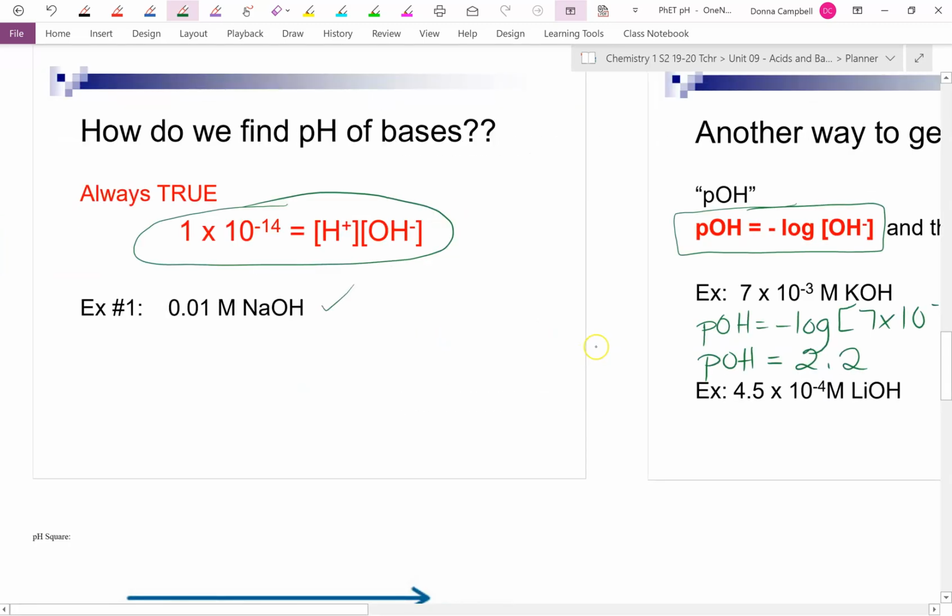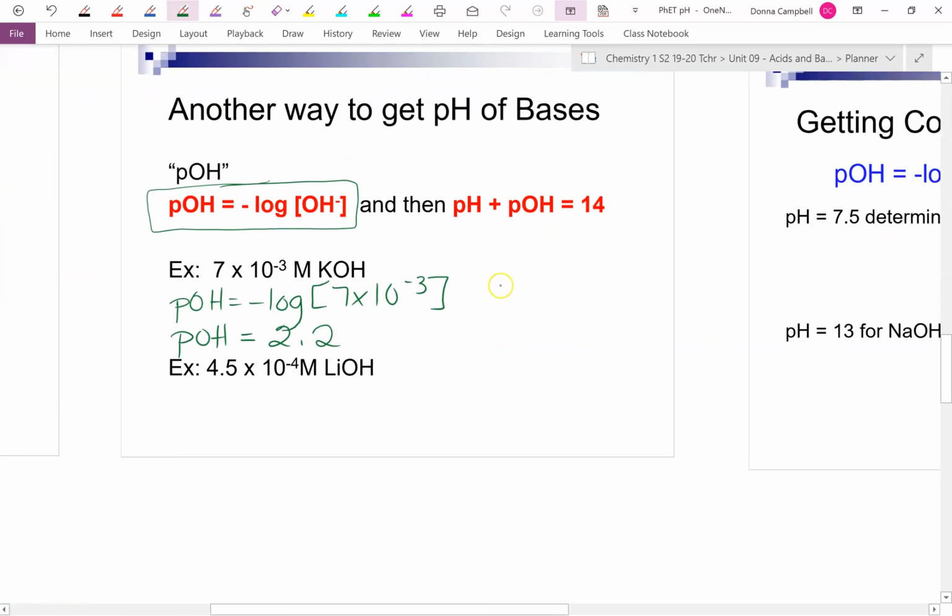And when I want the pH, I say, well, okay, pH plus POH, which is 2.2, is equal to 14. So that means the pH is going to be 11.8. That's one way of doing it. You could have gotten the concentration of the H pluses from this and then gotten the pH. Both ways work.